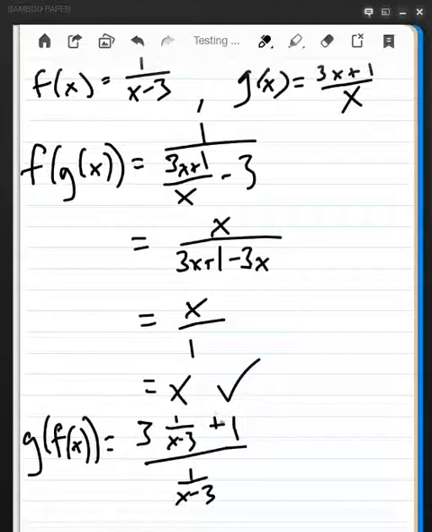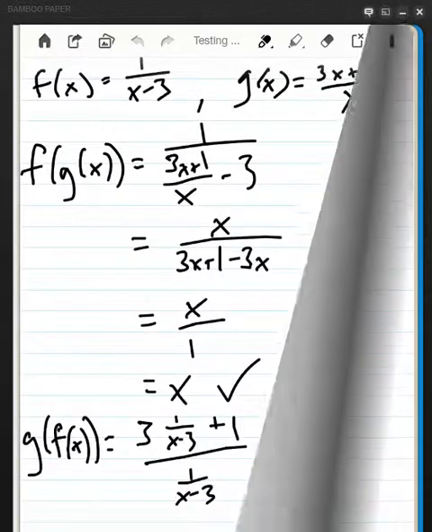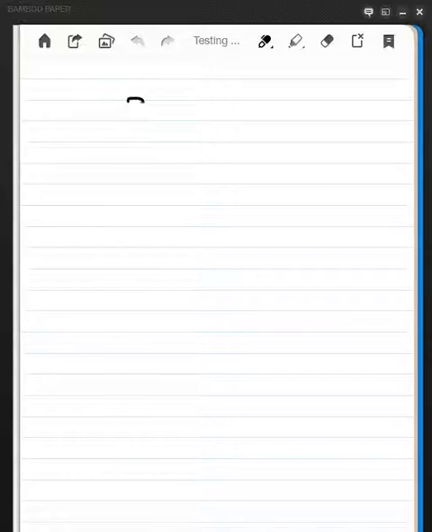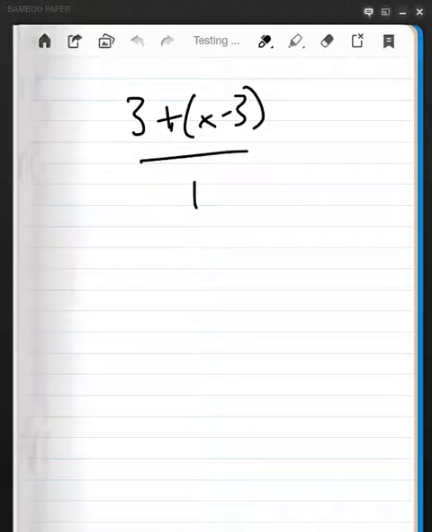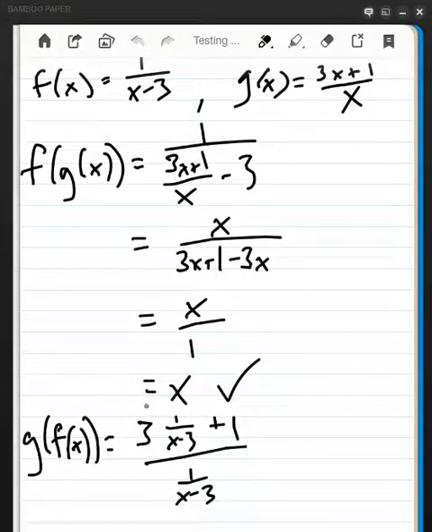Let's multiply everything by x minus 3. Alright, so we're going to end up with, I'm going to go onto another sheet of paper, we're going to end up with 3, let me just make sure I get this right, plus x minus 3, all divided by 1.